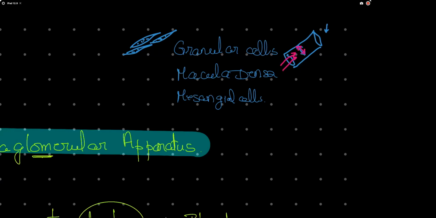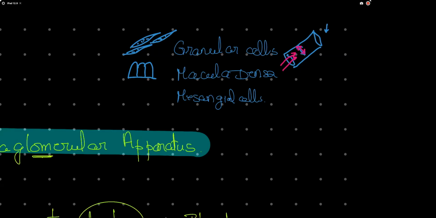The macula densa, those are modified tall cells of the ascending limb of the loop of Henle, and they are measuring the sodium content of the filtrate to see how well the kidney is responding to the change in the blood pressure.